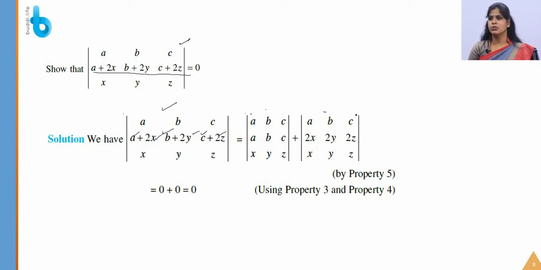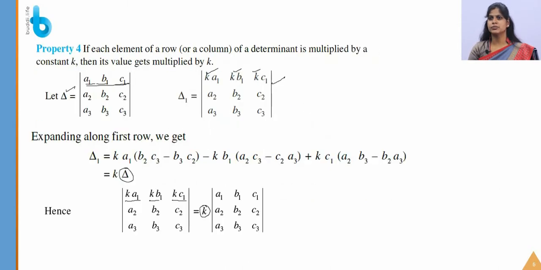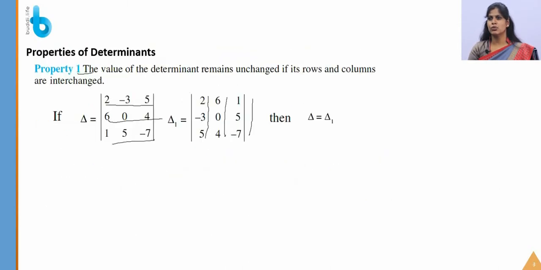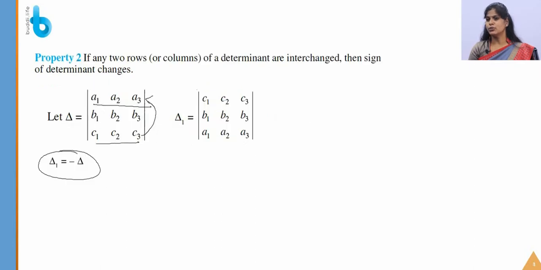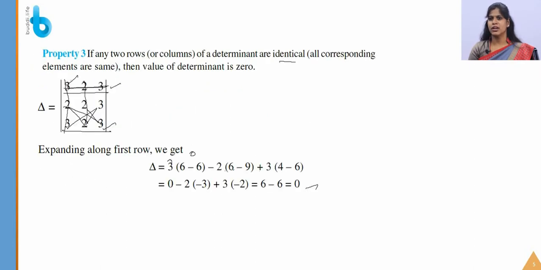Now this is property 5, that's why it is written by property 5. Then see here, these 2 rows are identical. Which property is it? If 2 rows are identical, you can write the value 0 by property 3.